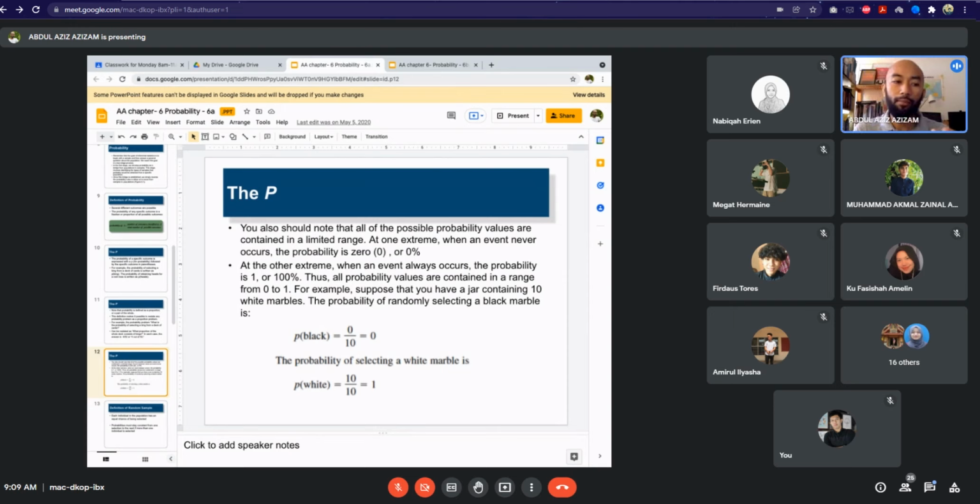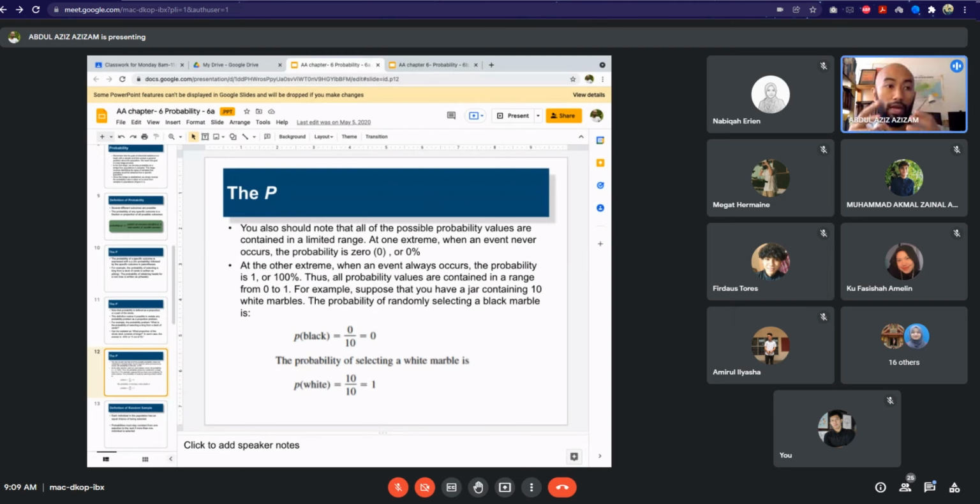For example, dalam satu jar yang kita bubuh semua guli, okay, dalam ni dia bagi contoh guli. Dalam satu bekas kita letak 10 guli, okay, semua guli dalam tu adalah guli color putih. Okay.